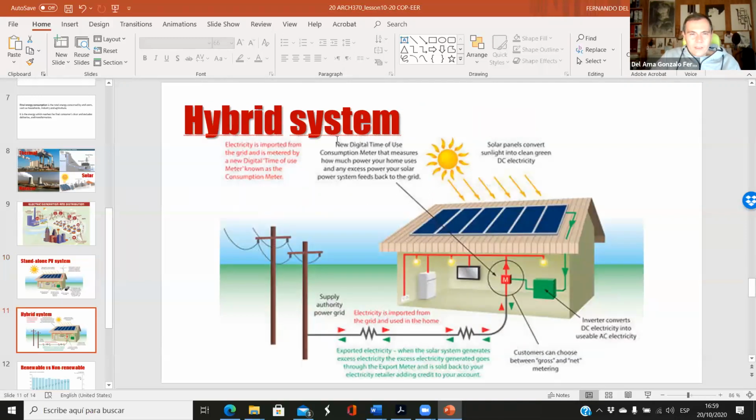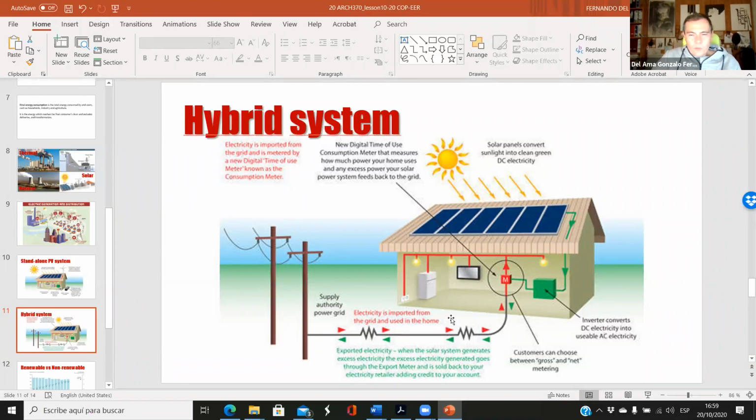We can have a hybrid system. So we can connect our building to the grid, but we have a system here and we don't need batteries. If we don't have enough electricity, we take that electricity from the grid. And if we have an excess of electricity and we're not using it, we can supply that electricity to the grid. So that would be perfect.